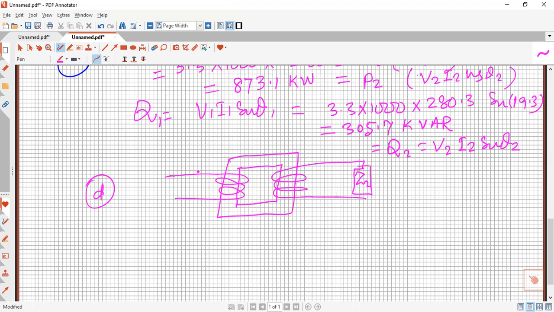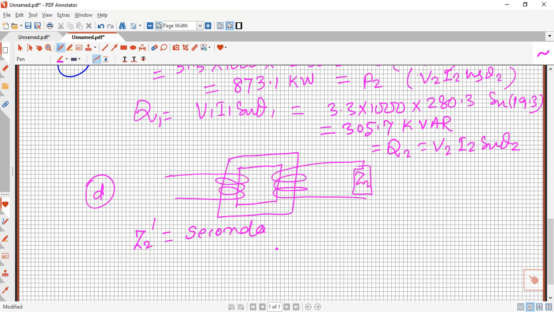It is asking how much impedance we connect on the source side so that the same amount of real and reactive power is used. So we have to just convert this Z2 into the primary side. So Z2 dash is called the secondary impedance referred to the primary side.